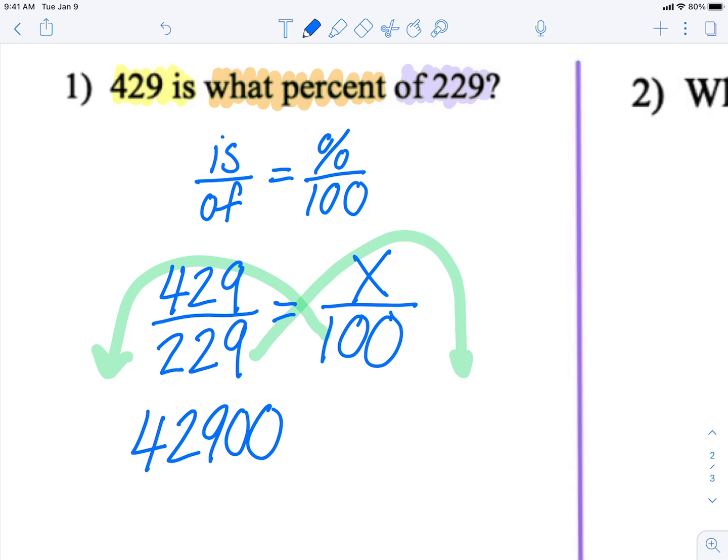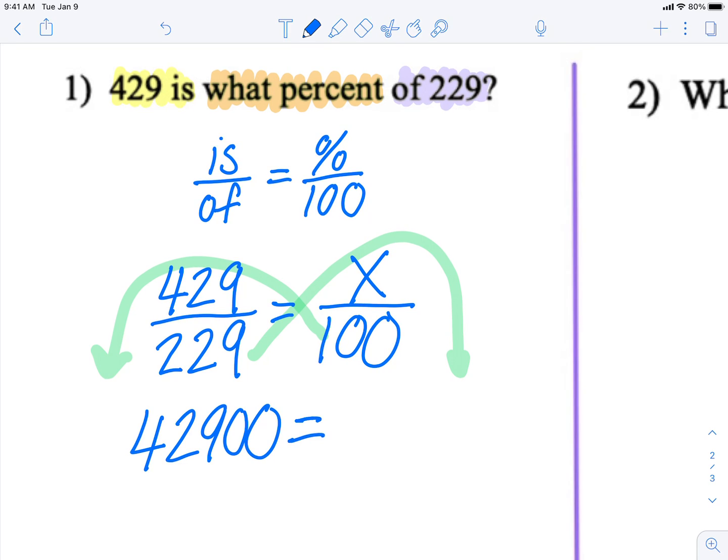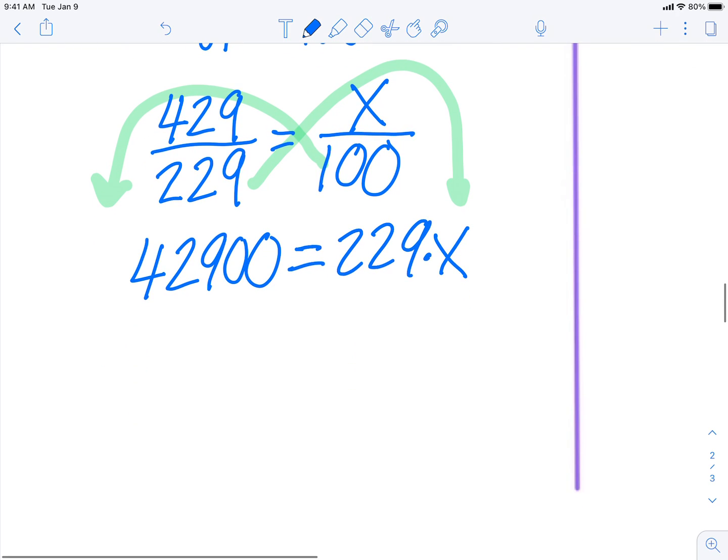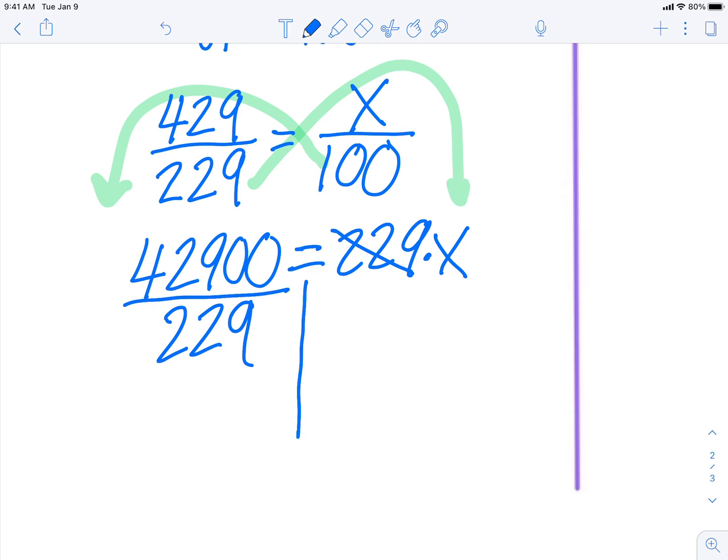It's just 2 zeros added to 429. Equals 229 times x, 229x, which means times x. So now the opposite of multiplying by 229 is dividing by 229. And I get x is equal to, well, let's use our trusty calculator here.